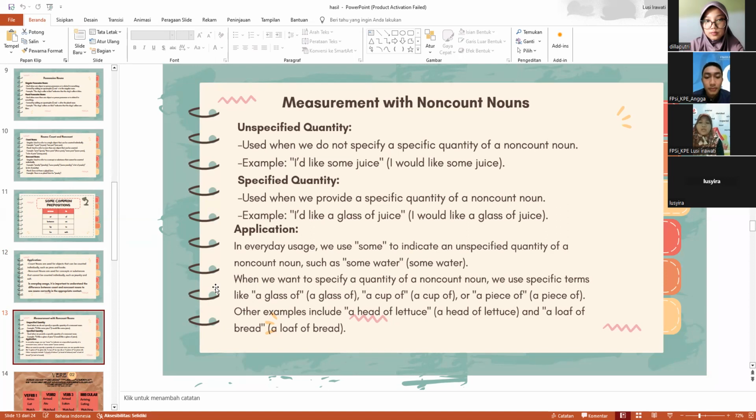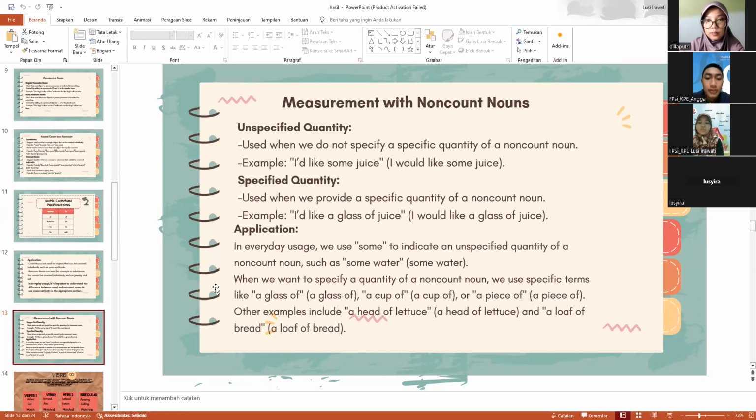Application. In everyday usage, we use some to indicate an unspecified quantity of a non-count noun, such as some water.